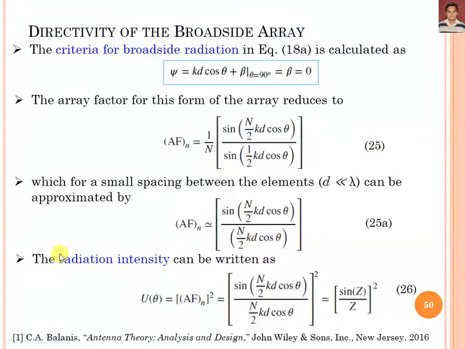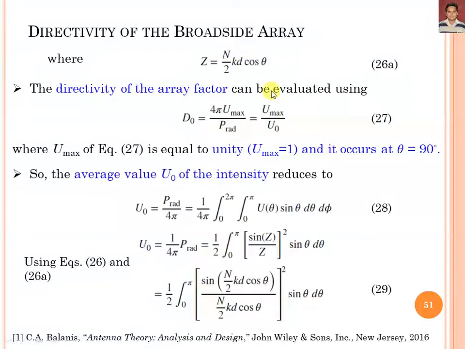So the radiation intensity can be written as U of theta equal to the array factor whole square, equal to (sin z upon z) whole square, where z is equal to N by 2 kd cos theta.